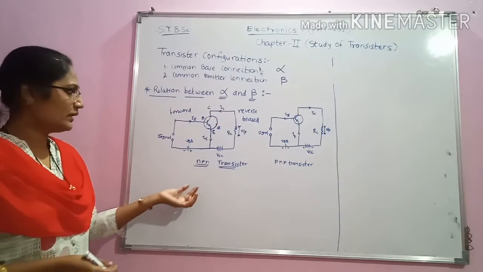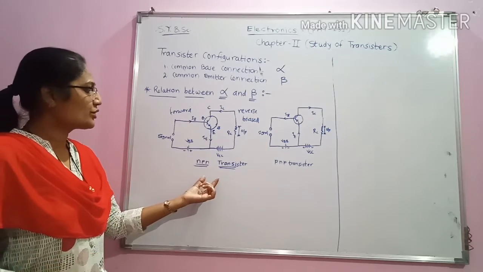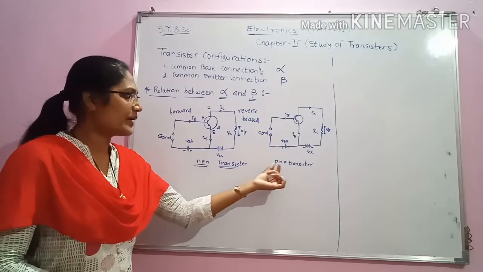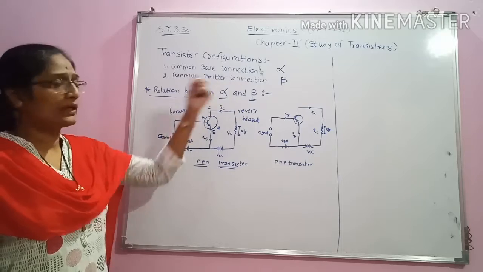So these are the transistor connections of NPN transistor and PNP transistor related to common emitter connection.